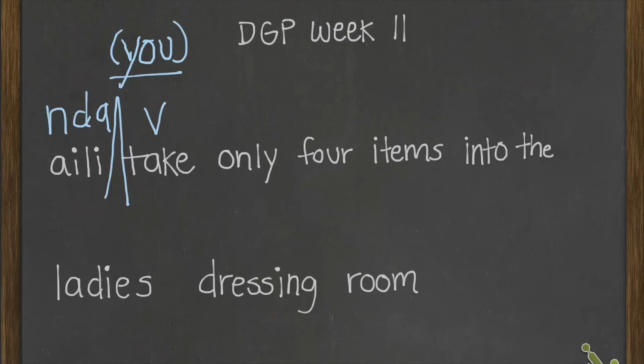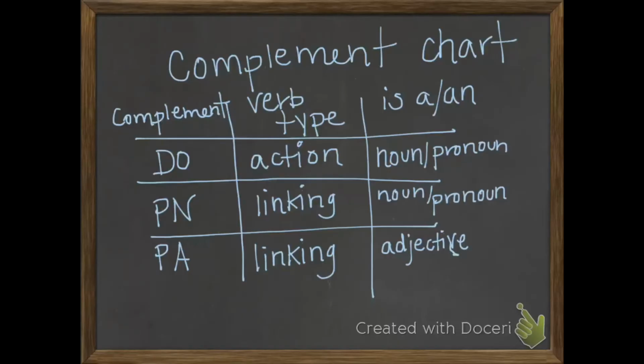Now we can use our complement chart to figure out whether or not we have a direct object. Go ahead and reference your complement chart now. Here is our complement chart. There are 3 types of complements that we're looking at today. Keep in mind, there's also an indirect object, but we're not talking about that today in our chart. For our DO, direct object, the verb type is action, it follows an action verb, and it functions as a noun or a pronoun.